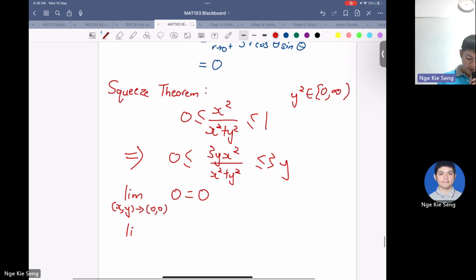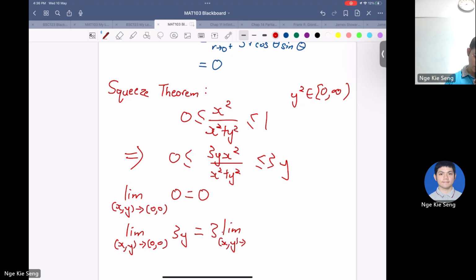Then if we take (x,y) to (0,0) for 3y, what do we get? We get 3 times the limit of y as (x,y) goes to (0,0), which we just learned from the theorem is 0. So 3 times 0 is 0.